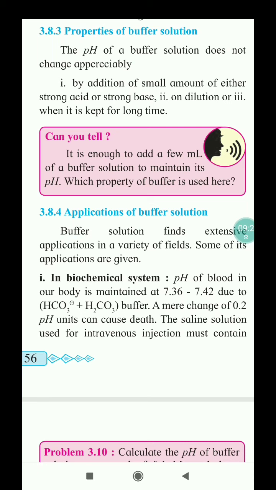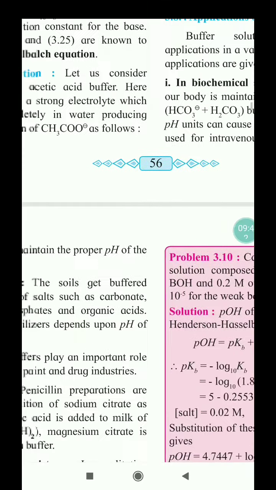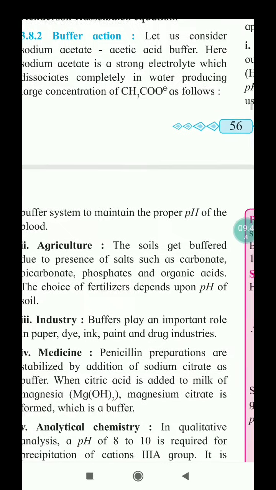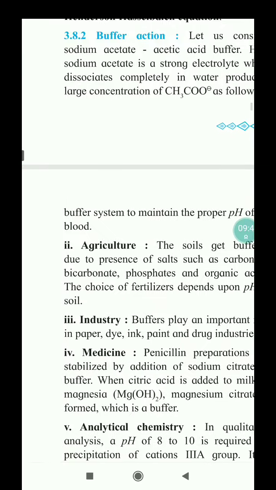A mere change of 0.2 pH unit can cause death. So saline solution used for intravenous injection must contain a buffer system to maintain the pH of the blood.